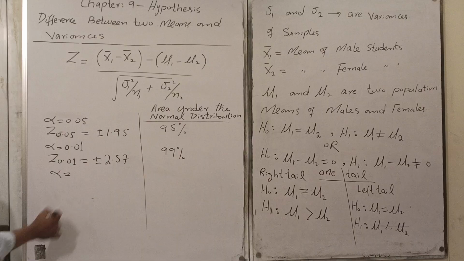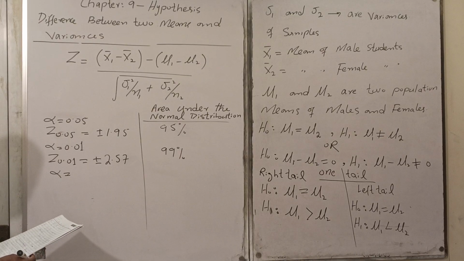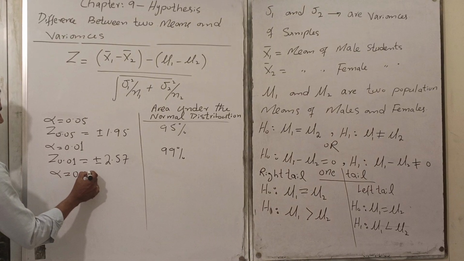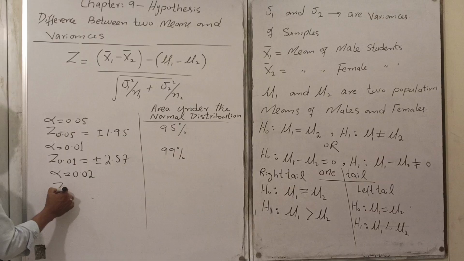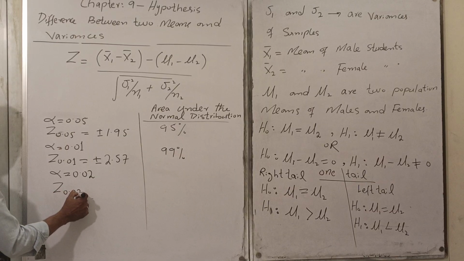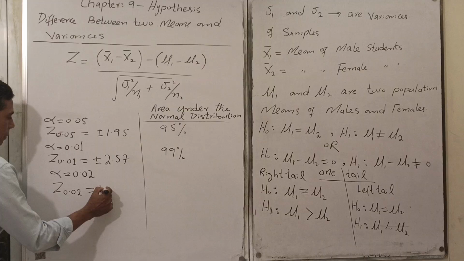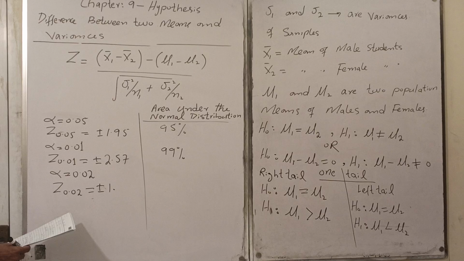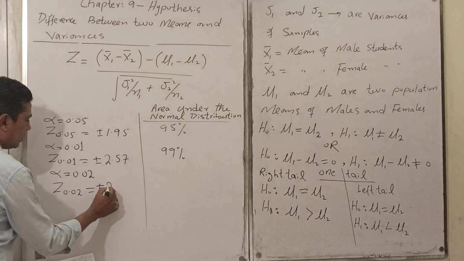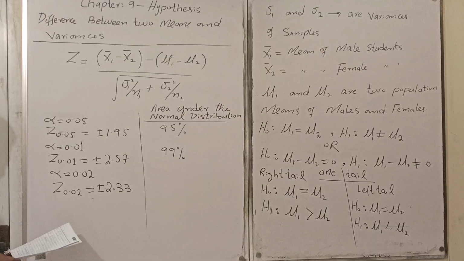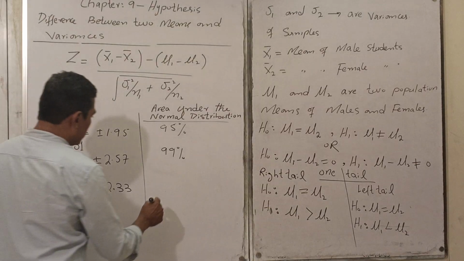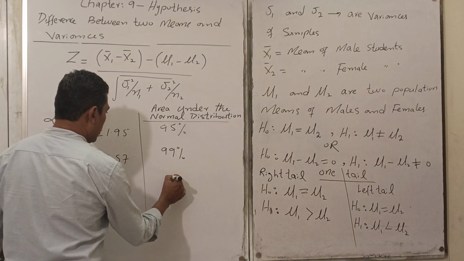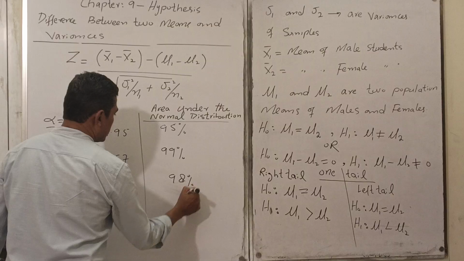When alpha equal to 0.02, z 0.02 equal to plus minus, sorry, 2.33, and the area is 98%.